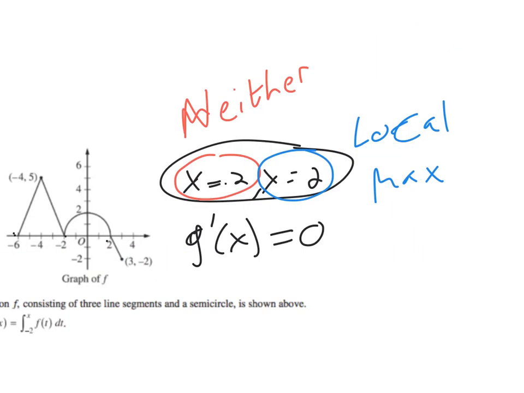And again, your justification is that from the graph, values to the left of +2 are positive slopes. Values to the right are negative slopes. So that means it was increasing as the graph approached 2, and it was decreasing as it moved to the right of 2. So that must have meant it hit a local maximum. Can't guarantee that it's global, so we have to just say it's a local maximum. So that answers the criteria for part C.